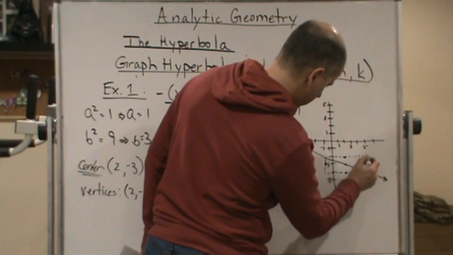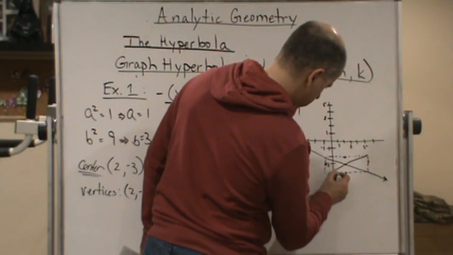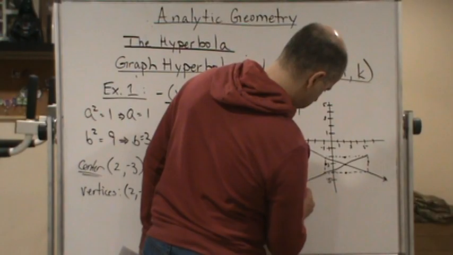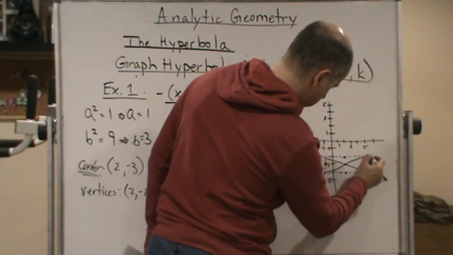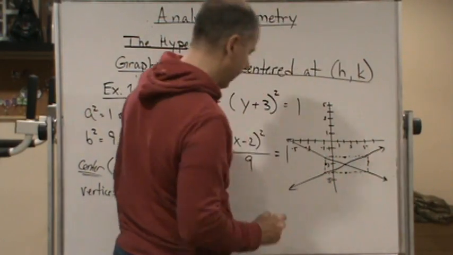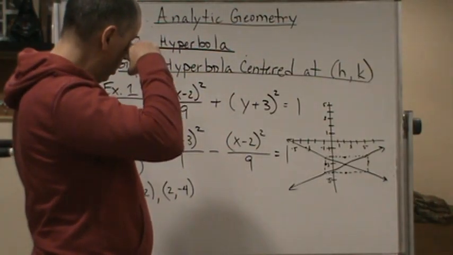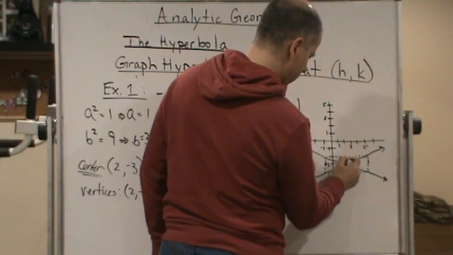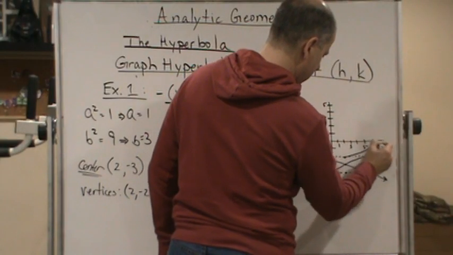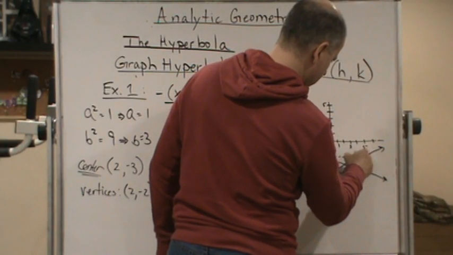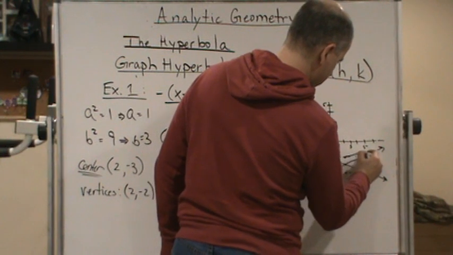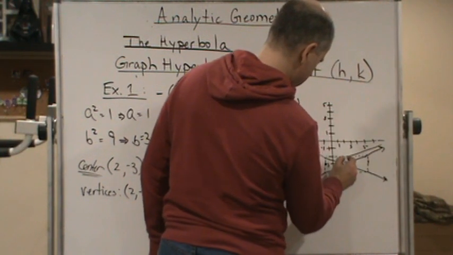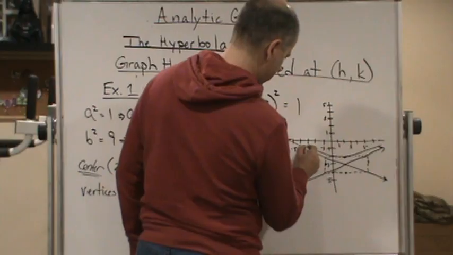Right? And then we can draw that way. And we know that from the vertex it's going to go towards a curve, right?